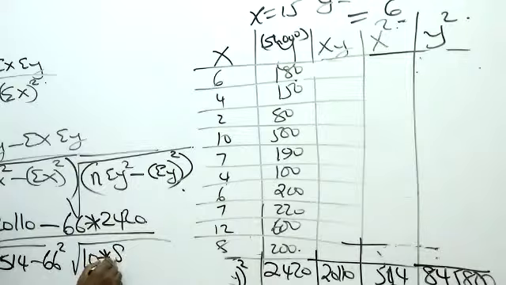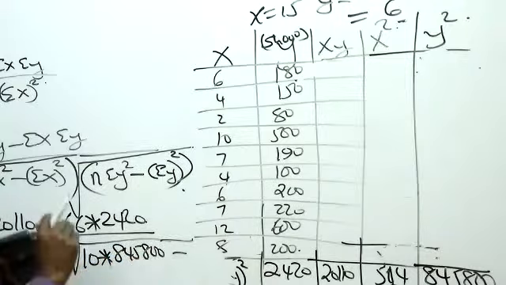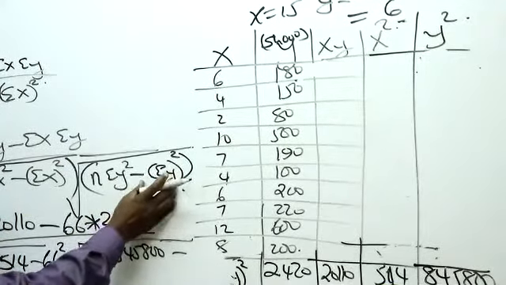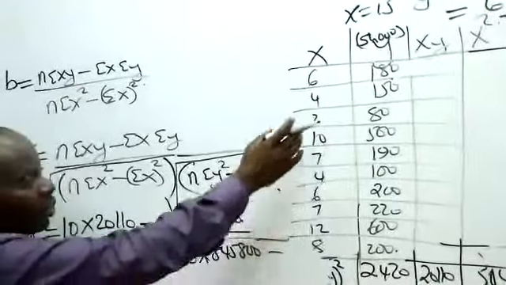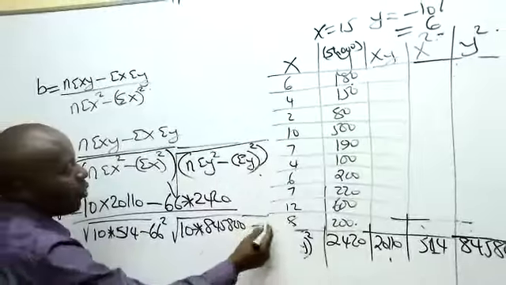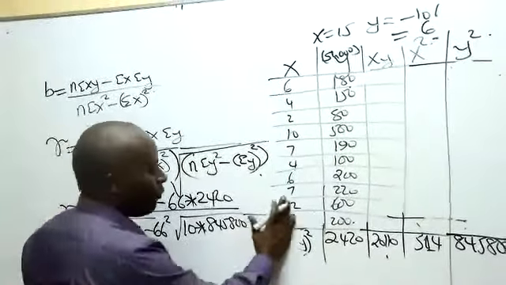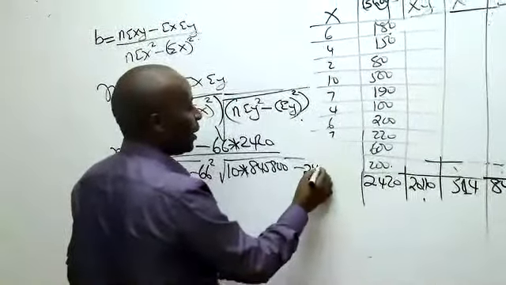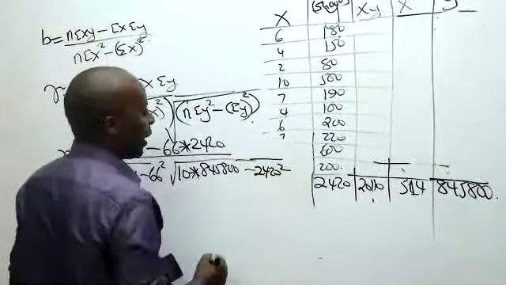Summation of y squared is 845,800 minus summation of y alone. Summation of y is 2420, but we do what here? Somebody will square like that.